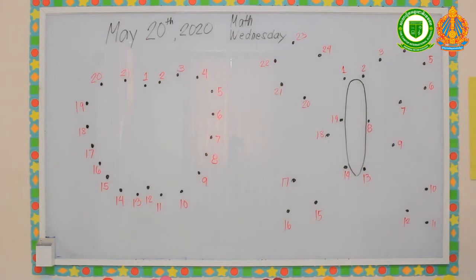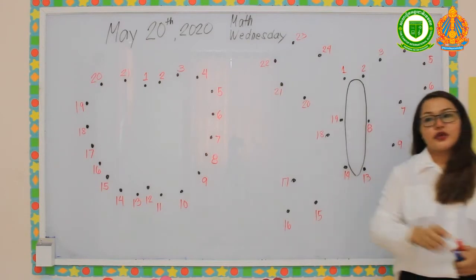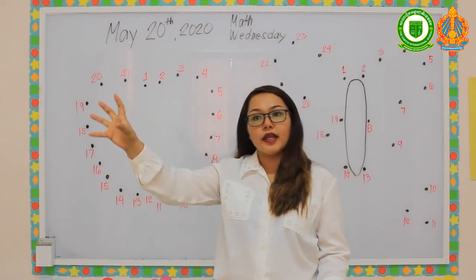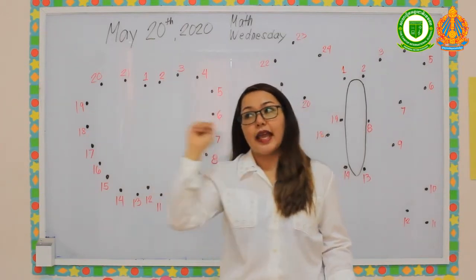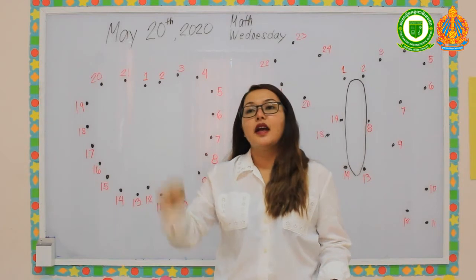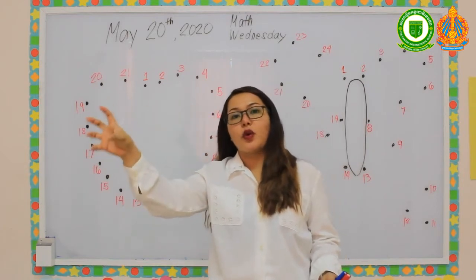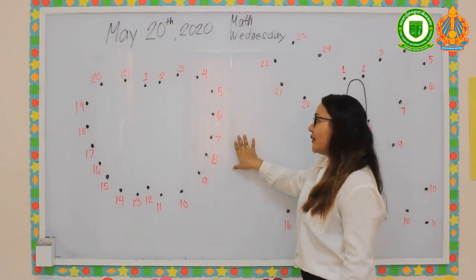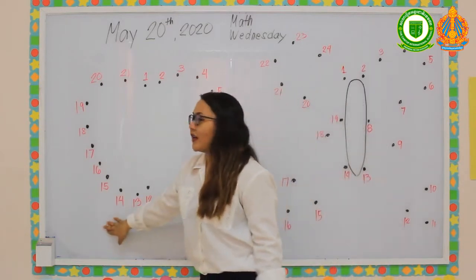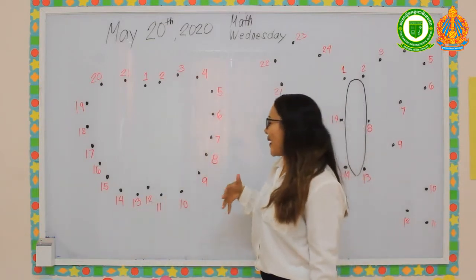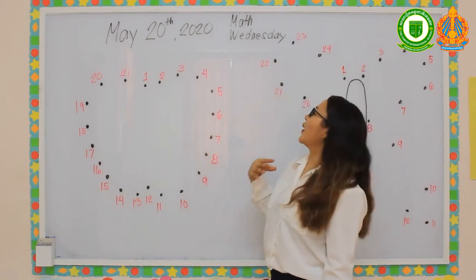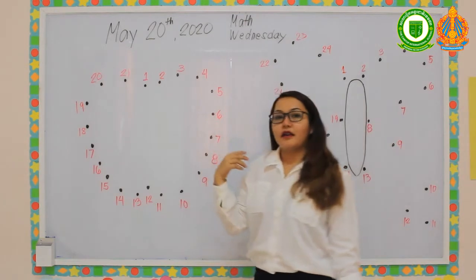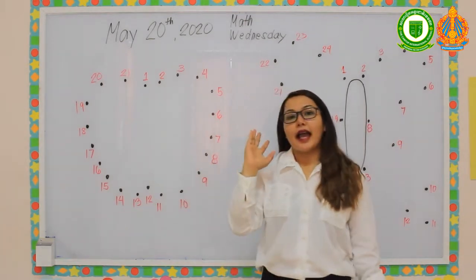So in our lesson today, we are going to connect. Connect means going from one point to the other points and drawing a line. Again, drawing a line from one point to the other points. For example, this one is made up of dots, and I have numbers.